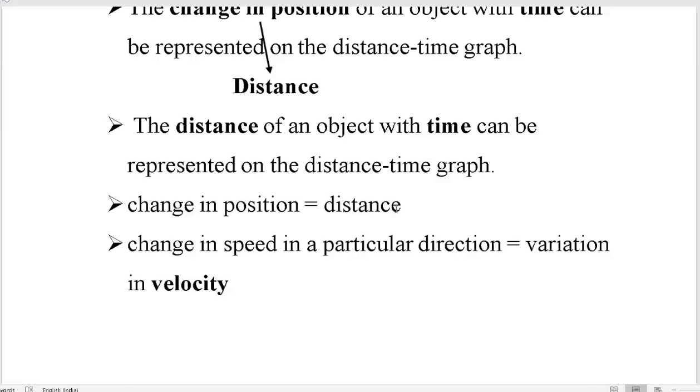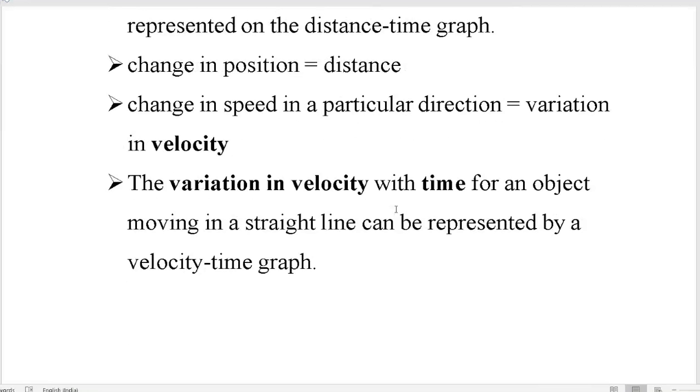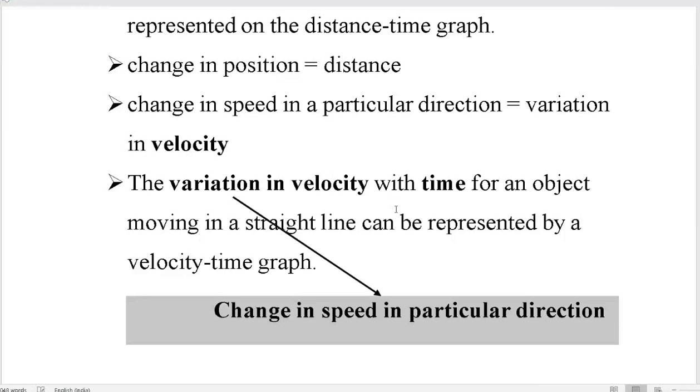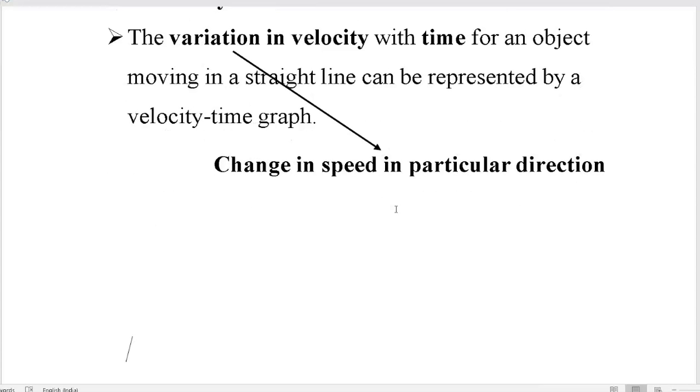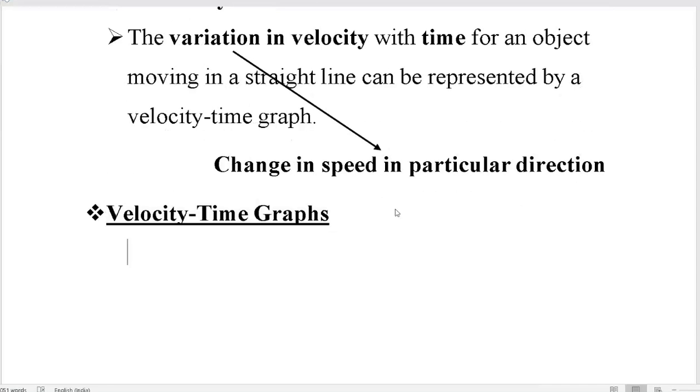So from this we can say that the variation in velocity with time for an object moving in a straight line can be represented by a velocity time graph. And we know that variation in velocity means change in speed in a particular direction. So today we are going to talk about the velocity time graph.